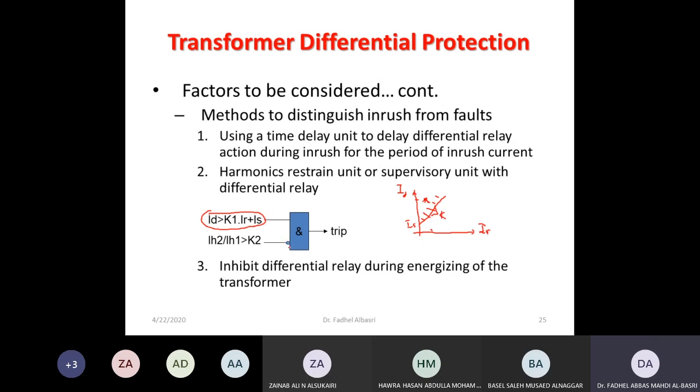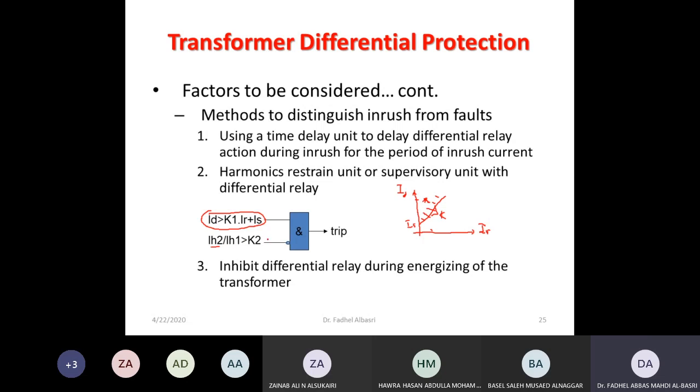Now, to add security to the relay so that it won't function during the inrush current of a transformer, I would add another condition. It won't trip just because of this. It also has to check the second harmonic: IH2 is the magnitude of the second harmonic current, divided by the fundamental, the 50 Hertz or 60 Hertz component.